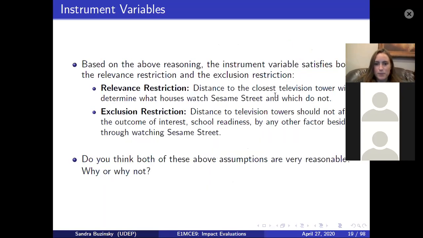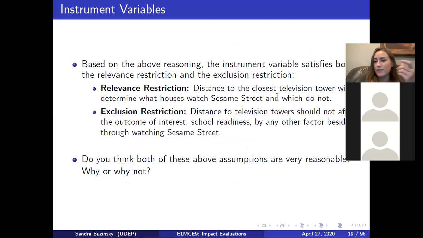So yeah, we talked about this, the relevance restriction and the exclusion restriction, and whether or not they are satisfied. So of course, when we talked about the relevance, the distance to the closest television tower will determine what houses watch Sesame Street and which do not. We all agreed that that should have some relationship, just based on the fact that if you're far away, you don't have any access.